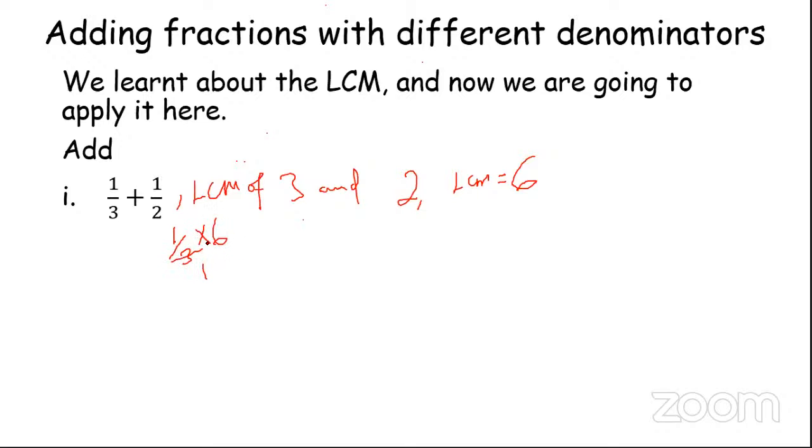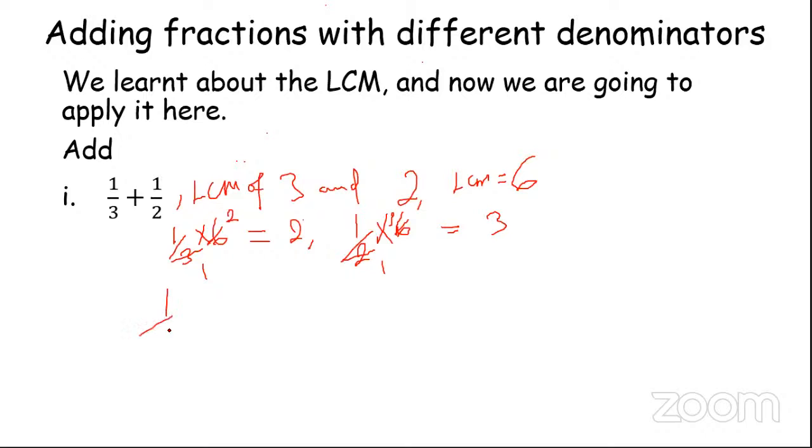So this is 1, this is 2, so that will give us 2. Then also 1/2 times 6. So by 1 here, it gives us 3.